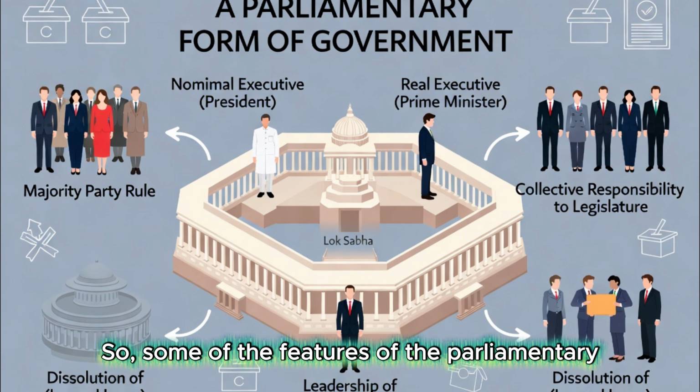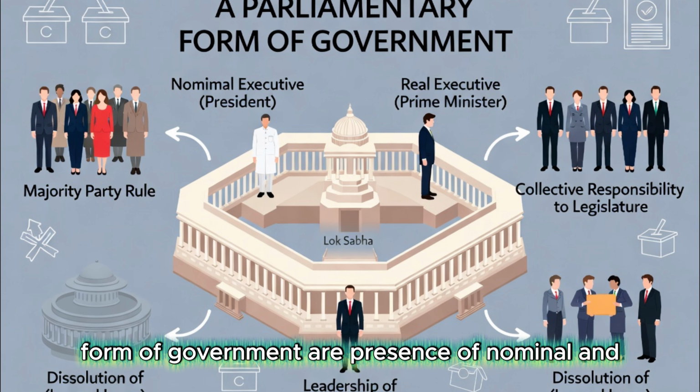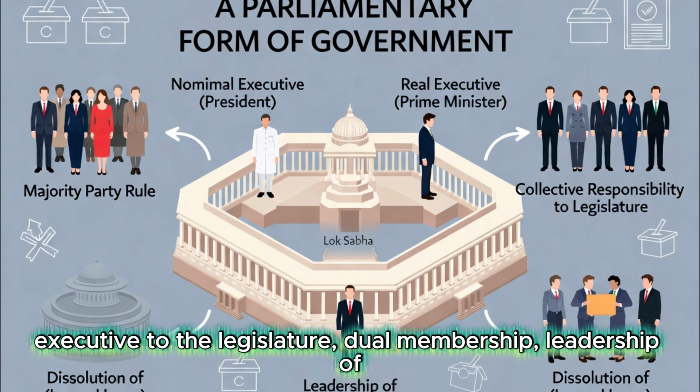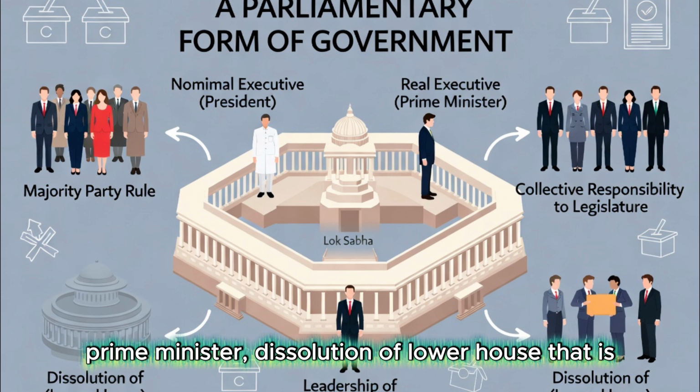Some of its features are the presence of nominal and real executive, majority party rule, collective responsibility of the executive to the legislature, dual membership, leadership of the prime minister, and dissolution of the lower house, that is Lok Sabha.